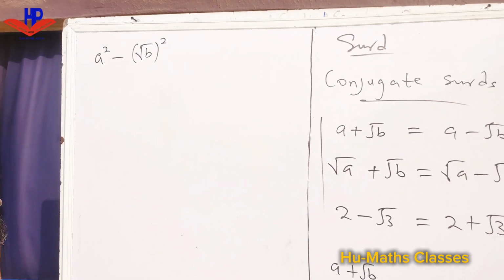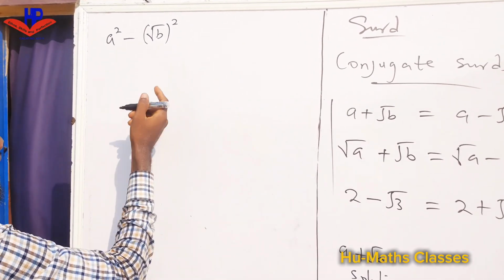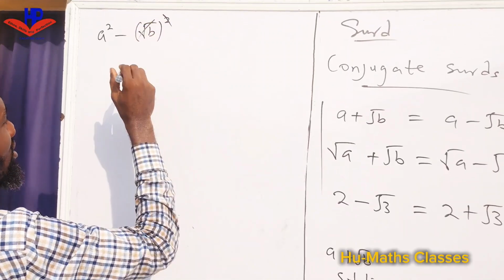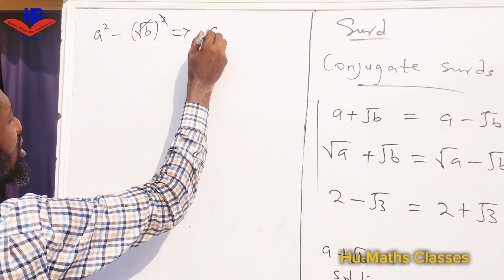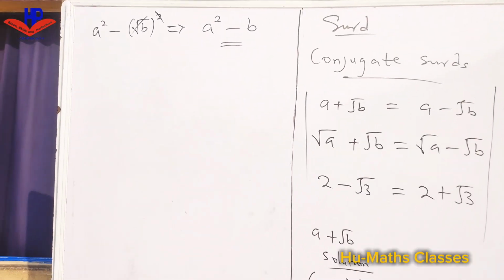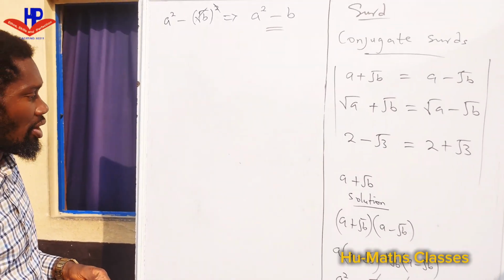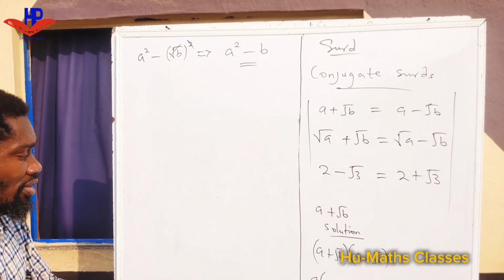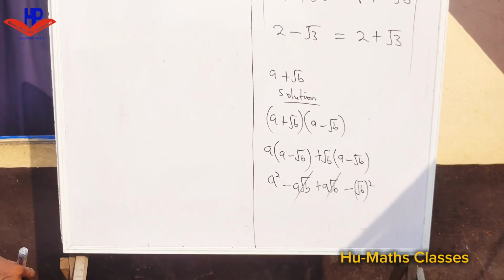It will take this form. This would have been our final answer, but we can still go further as this will cancel this, and our final answer will be a raised to power 2 minus b. That will be our final result, after going through a proper expansion.